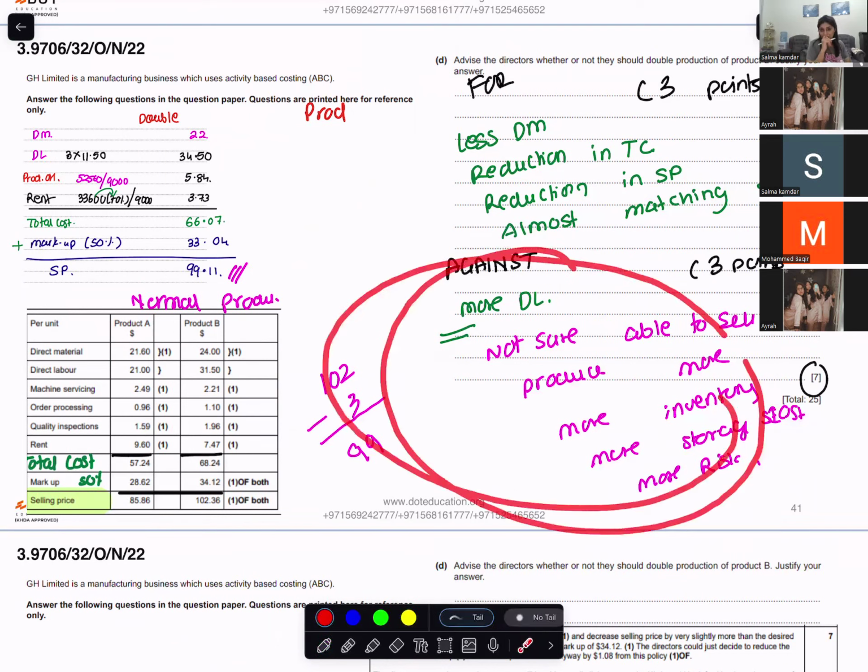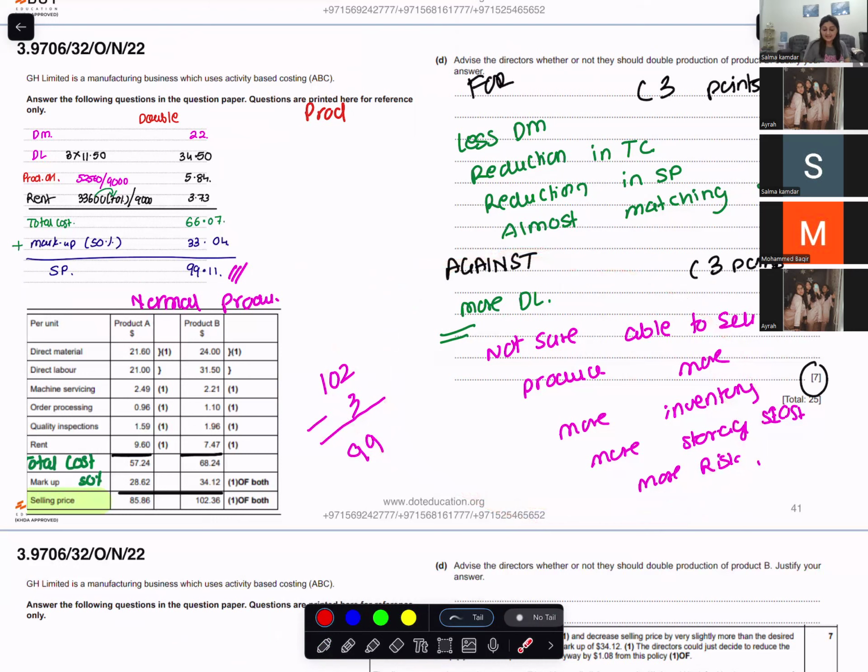If you are going to pay your laborers more for product B, the labor of product A would want to switch to product B, or they would demand higher wages. So in conclusion, they shouldn't double it because the reward is very less compared to the risk. However, if they are very confident that they can sell, then they should.